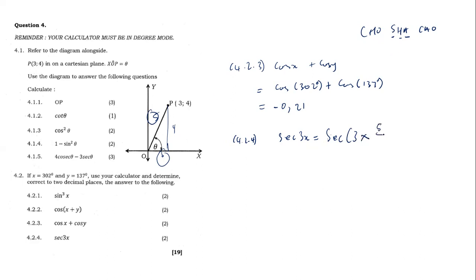Then 3 will cancel 3, and then we have sec 5. On your calculator, you don't have sec 5, right? So remember, sec is the inverse of cos.